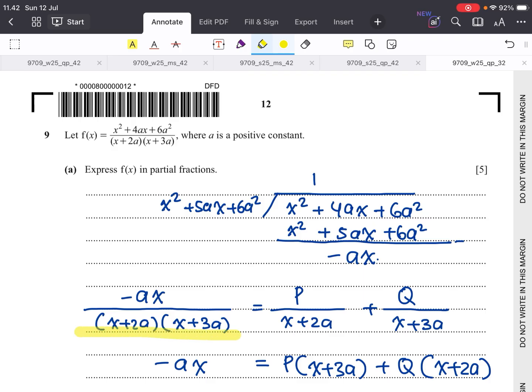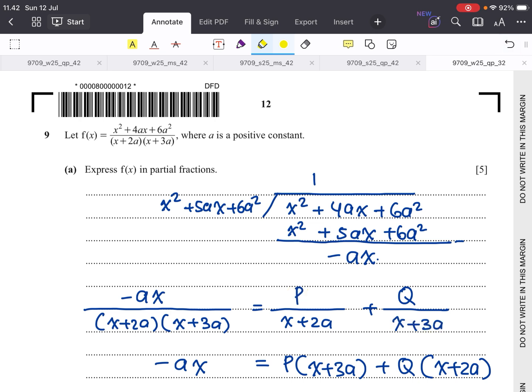If we multiply this equation by x plus 2a times x plus 3a, on the left side of the equation we have negative ax, while on the right we have p times x plus 3a plus q times x plus 2a.